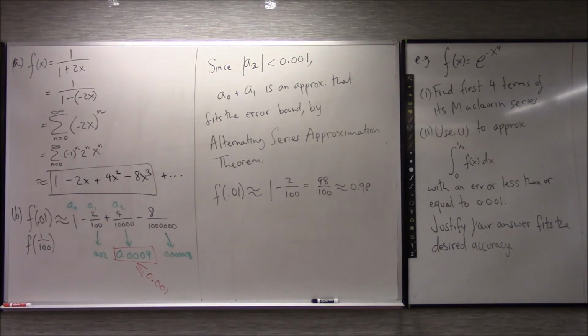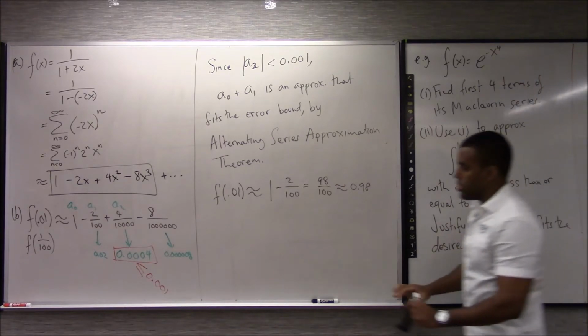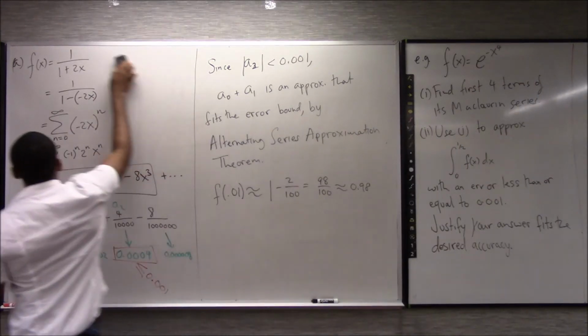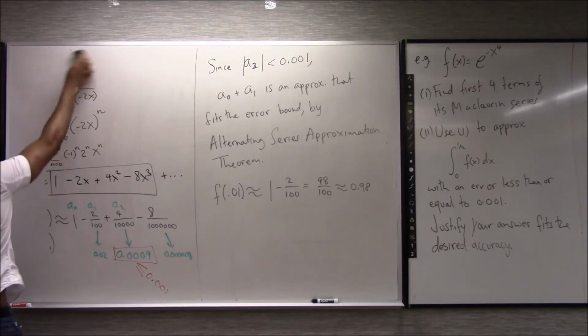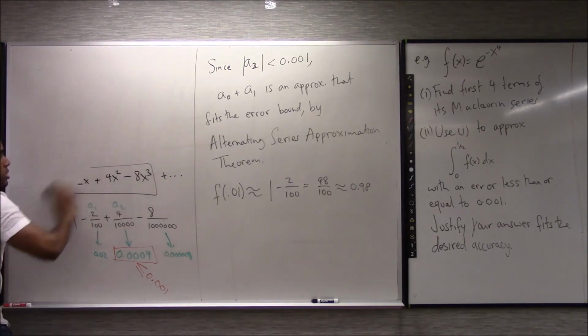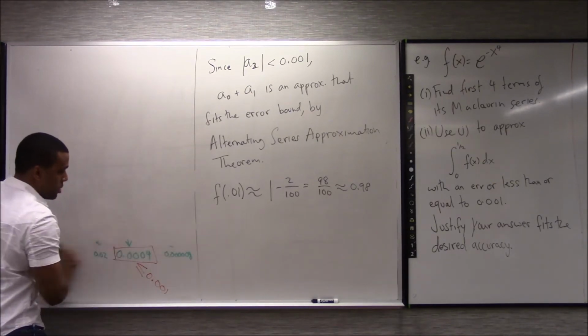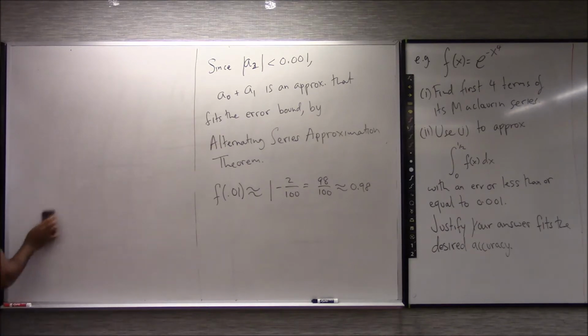So here we're given a function. You can't really find the general antiderivative of that, but you can approximate it on any interval by a multitude of techniques, but in this case we are going to use the techniques of the Maclaurin series, using the Maclaurin series.